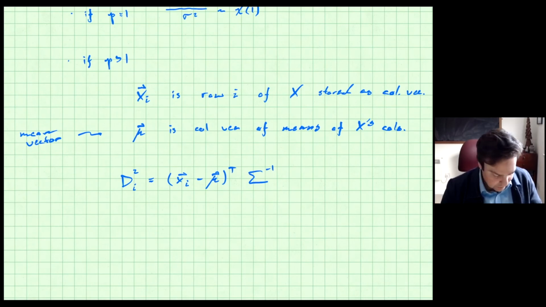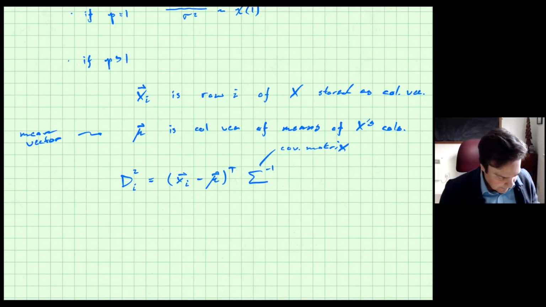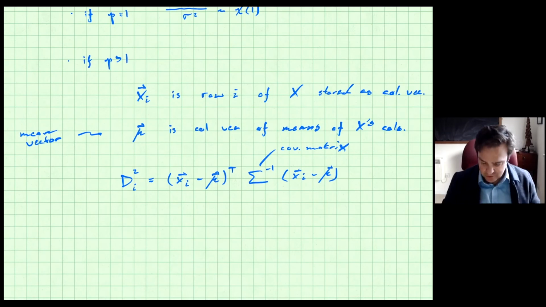Here sigma is the covariance matrix. The superscript of -1 means that it's its inverse. Then we put at the end the vector x_i minus mu, not transposed. And so this whole thing is a scalar.